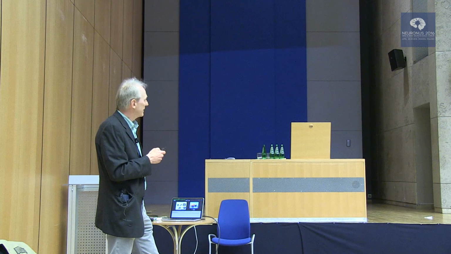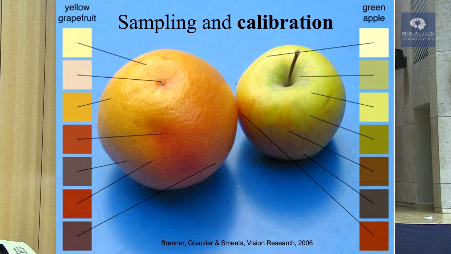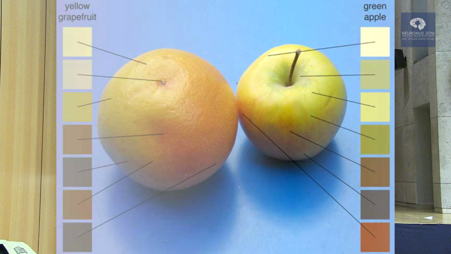Now, in the second and shorter part of my presentation, I'd like to get back to the calibration problem. If you fixate somewhere on the apple, I already told you that the sensitivity of the chromatic channels in the visual pathways decreases very rapidly towards the visual periphery. If I simulate this decay in this image, you can see that part of the grapefruit, when viewed peripherally, now has a very similar color to what the part of the apple has when viewed in the fovea.